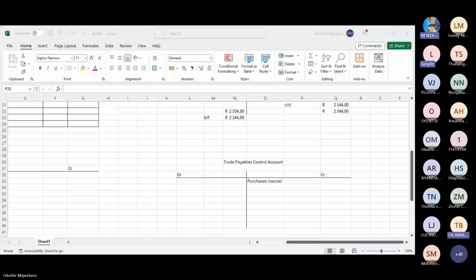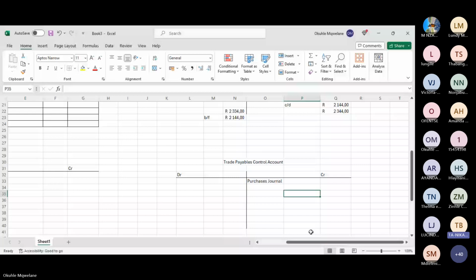We should not worry too much about the transactions and where the posting goes and which entries should be followed, because even if we open those individual accounts, they still add up to the same amount.